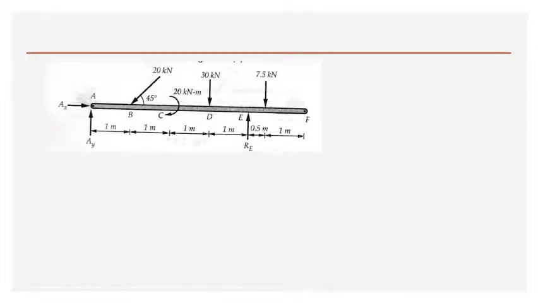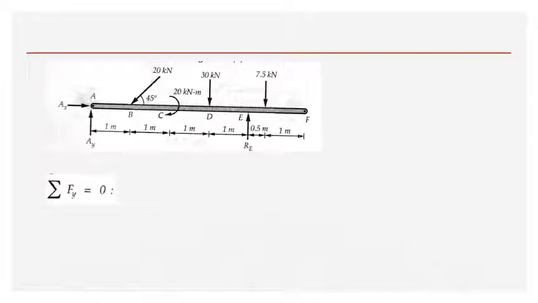So next, apply the next condition, sigma Fy is equal to 0. What are the vertical forces? Ay, the vertical component of the 20 kilonewton force, that is 20 sine 45, 30, RB, and 7.5. Don't consider the moment.